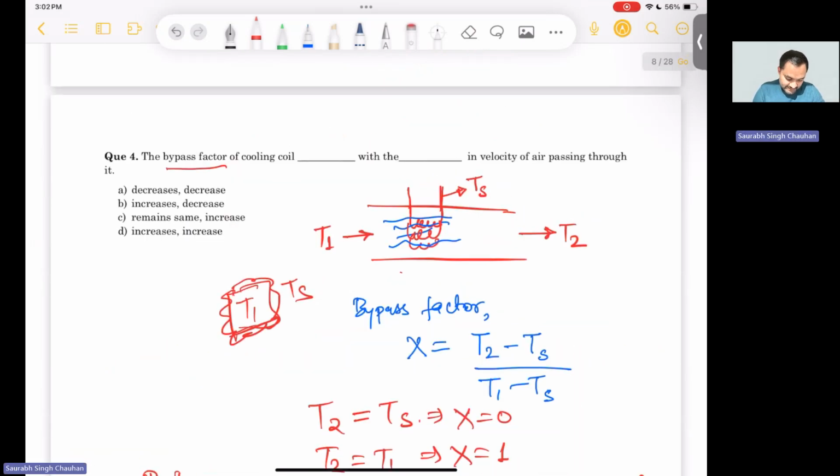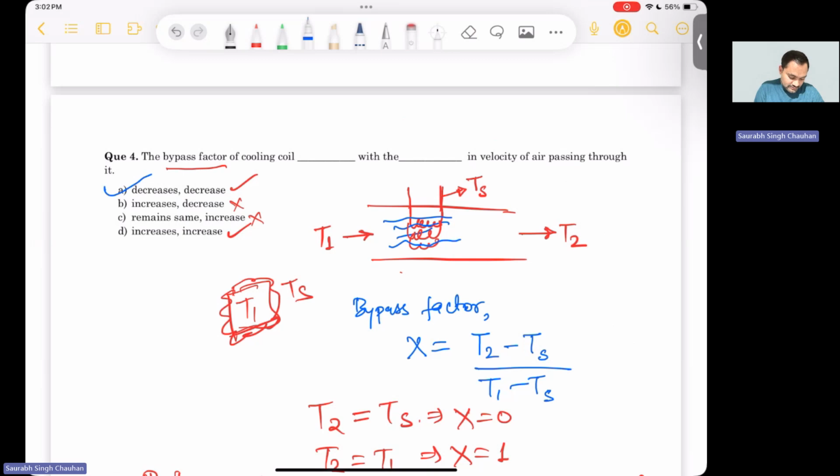So it is saying that the bypass factor of the coil will decrease with decrease in velocity, yes. It will increase with decrease in velocity, no. The bypass factor will remain constant if you increase the velocity, no. It will increase if you increase the velocity of air, yes. This is also correct. So if we decrease the velocity of air, the bypass factor of the coil will decrease.